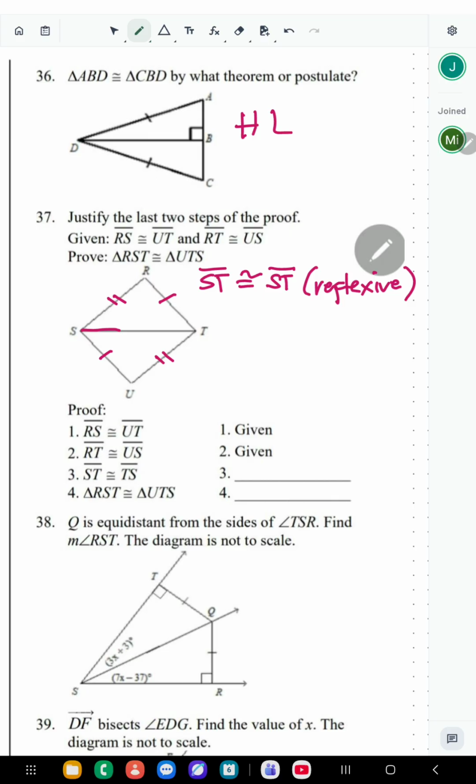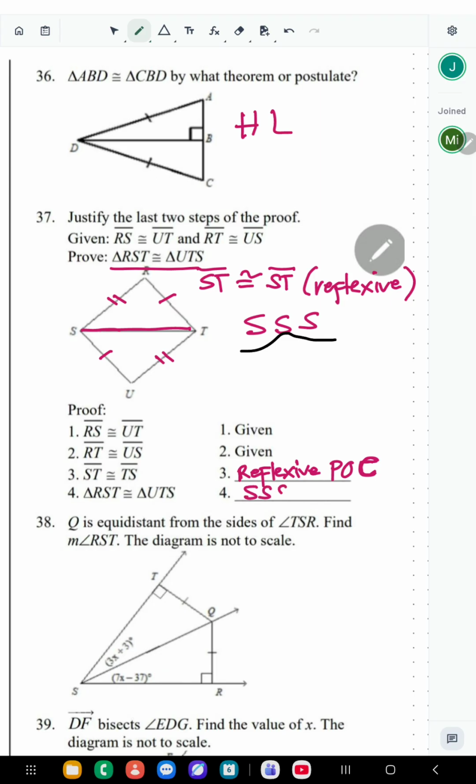So the final step here would be side, side, side. So the two triangles are congruent by SSS. Then for 38, oh, it should be here. Reflexive property of congruence.